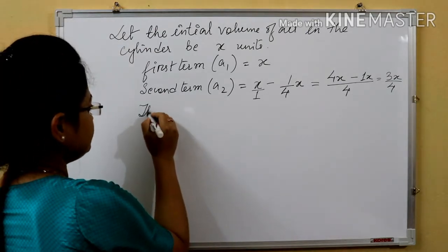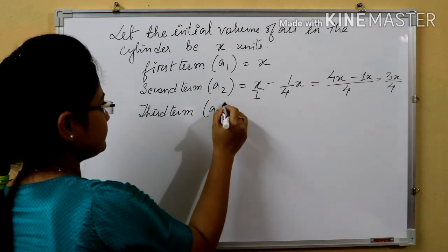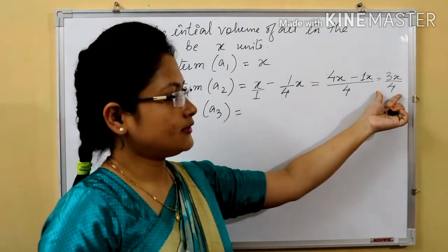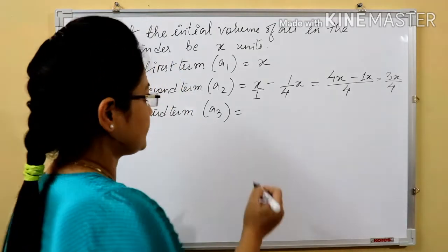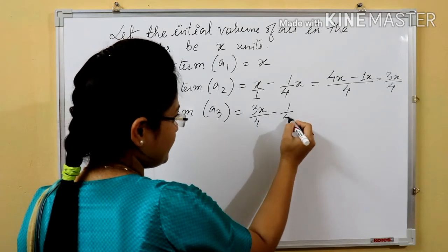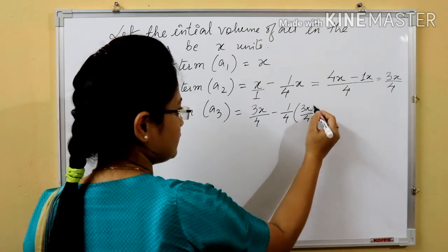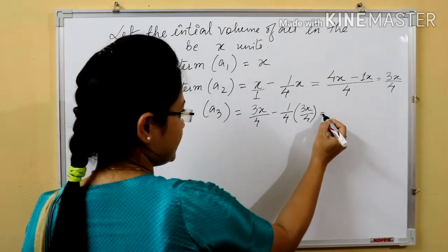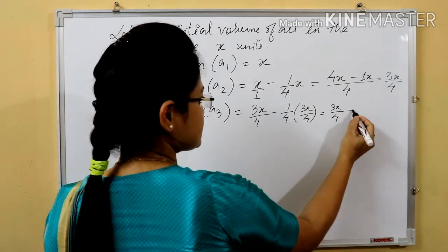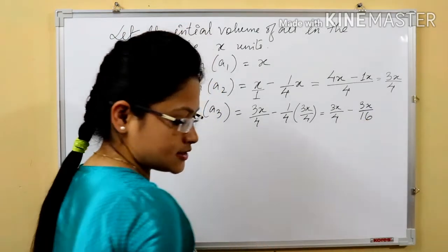Let us find the third term, that is A3. Now the remaining air is 3x by 4. From 3x by 4, we have to subtract 1/4 of this total, that is 3x by 4. So what we will get: 3x by 4 minus 3x by 16.